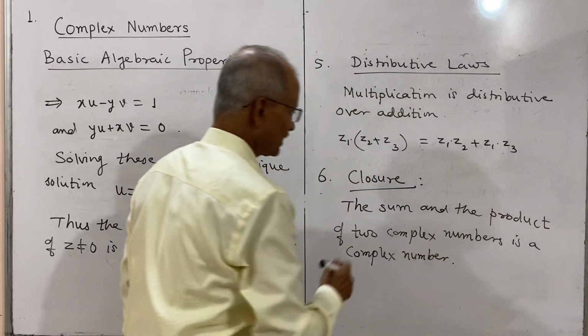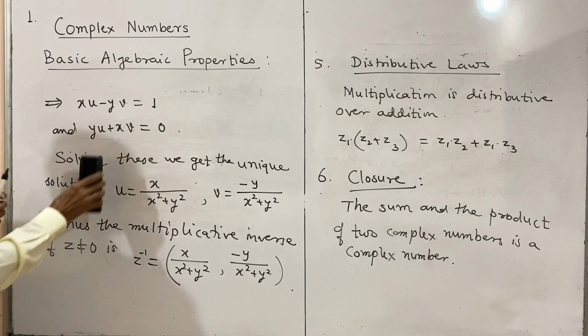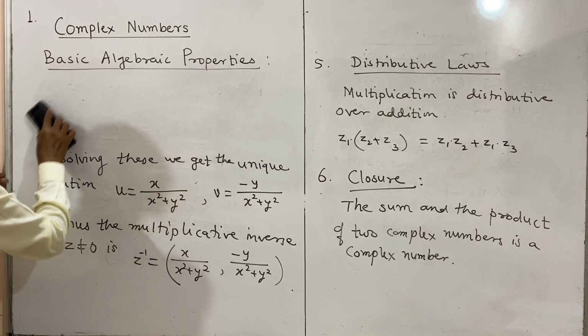So by definition it can be verified. We have defined sum and product, and therefore the closure property is satisfied.